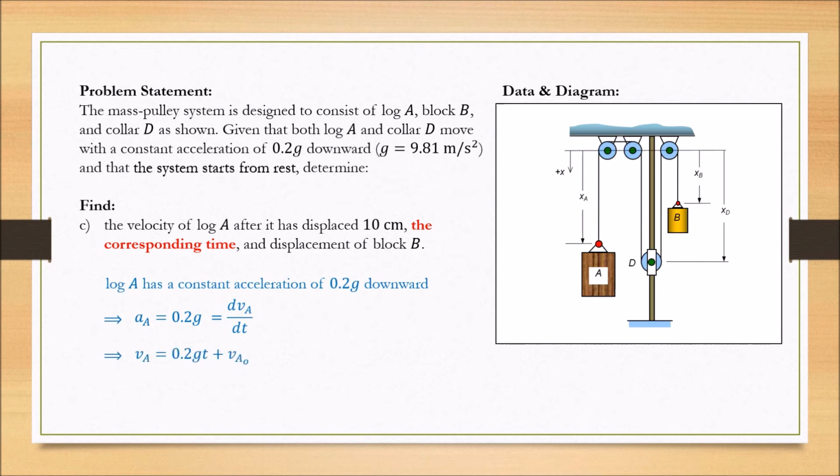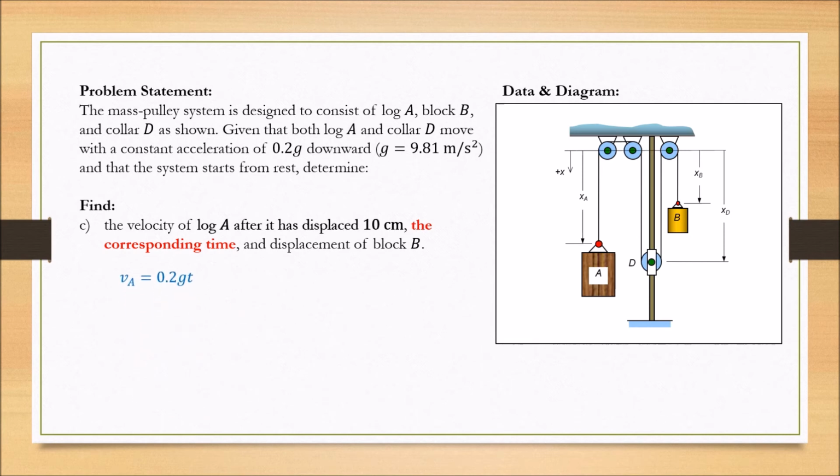Integrating this, we obtain vA equals 0.2 gt plus vA naught. And according to the problem, the system starts from rest. So we have vA naught equal to 0. Hence, we have the expression of vA as 0.2 gt.